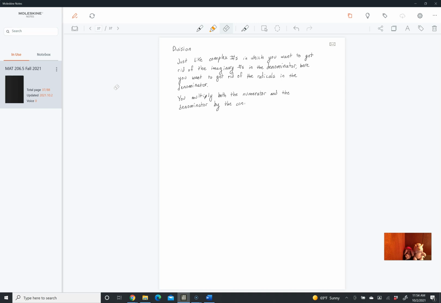Just like we did in complex numbers, we multiply by the complex conjugate of the denominator. Here we don't call it complex because it's not a complex number.